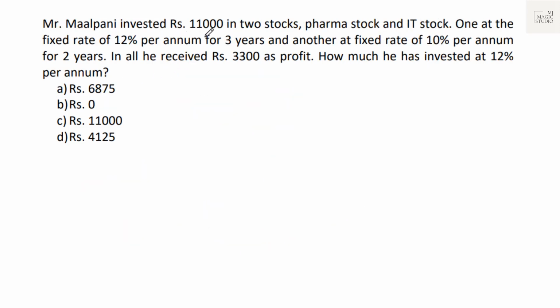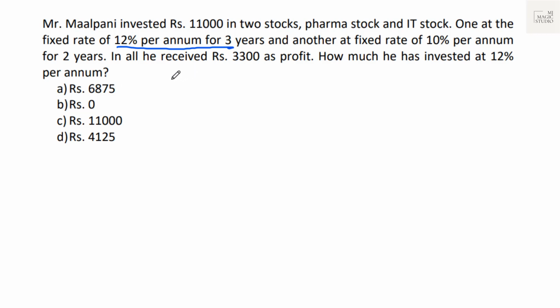Mr. Malpani invested 11,000 in two stocks, pharma stock and IT stock. One at a fixed rate of 12% per annum for 3 years. That means earning would be 36%. And another at a fixed rate of 10% per annum for 2 years. Fixed rate is given, that means simple interest is offered.